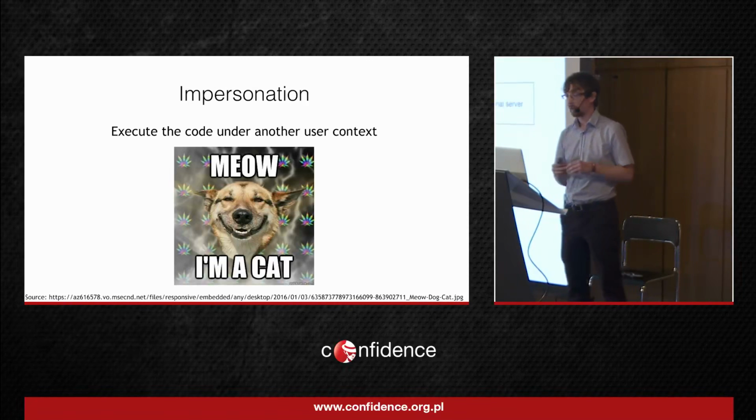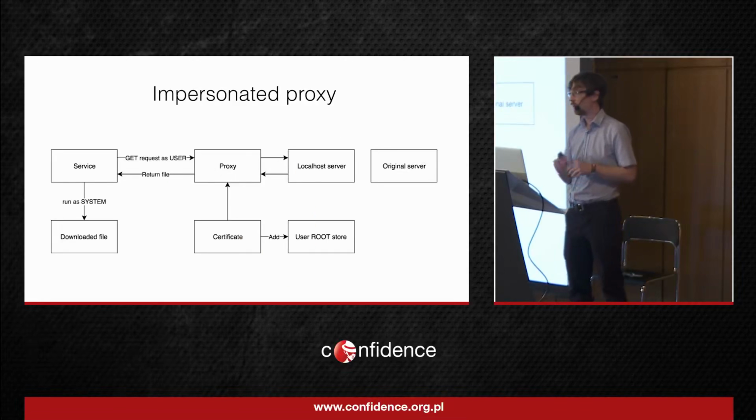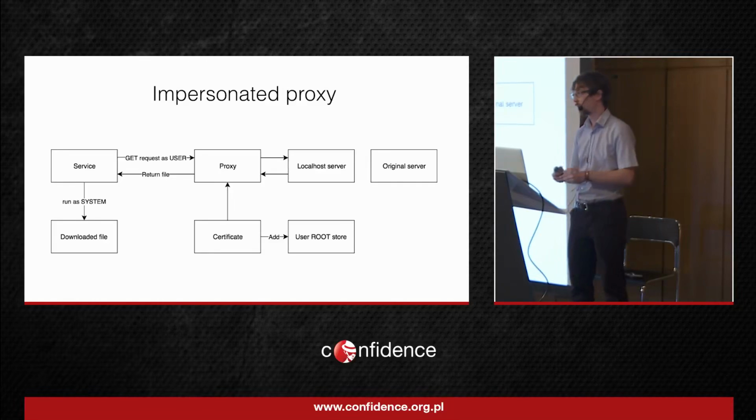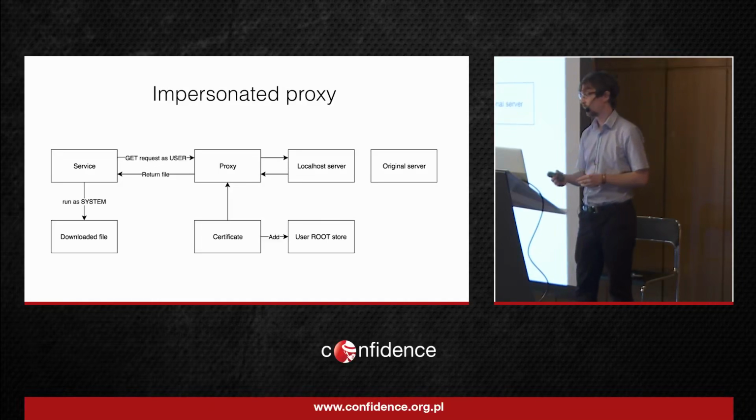So how does this look? When the service is sending a request to the proxy, it's changing its user for a while. So it's not SYSTEM anymore, but our currently logged-in user. And because we can add new certificates to our root store, we can also create a certificate for the external domain. And because the service is right now our user account, it's trusted.